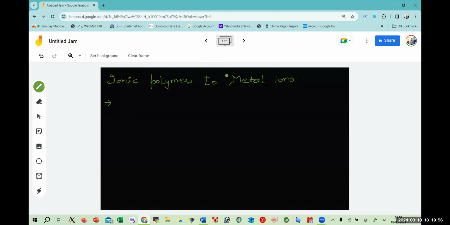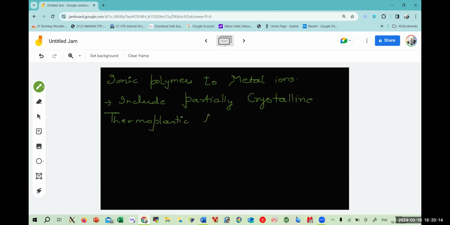Also, partially crystalline thermoplastic material also comes in this category, and also reversible.